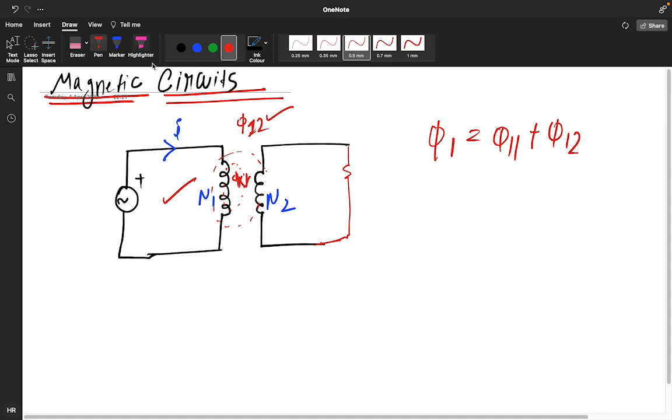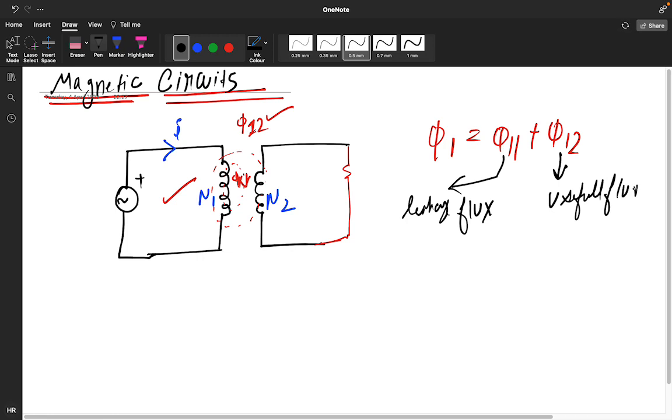Phi 11 is known as leakage flux, and phi 12 is known as the useful flux or magnetizing flux.